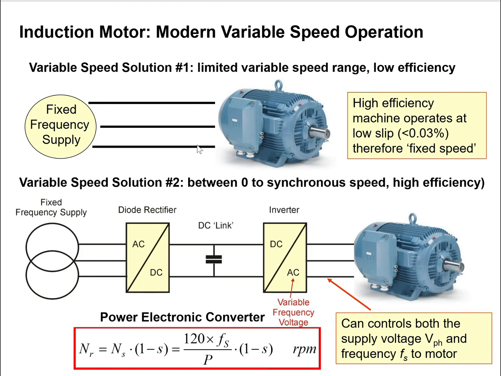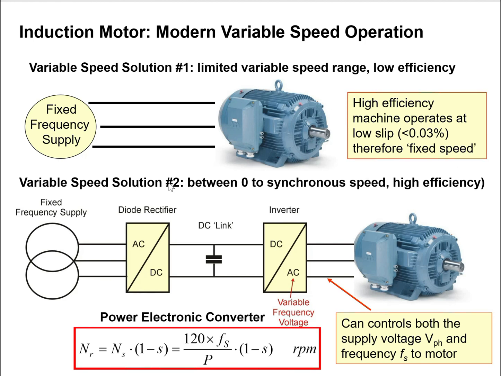So in order to overcome the problem of low efficiency, the first solution is to have a limited variable speed range. In this case, the supply frequency will be fixed, and this gives a high efficiency machine operating at a low slip, and therefore it will be a fixed kind of speed.